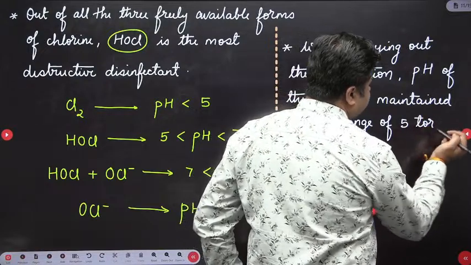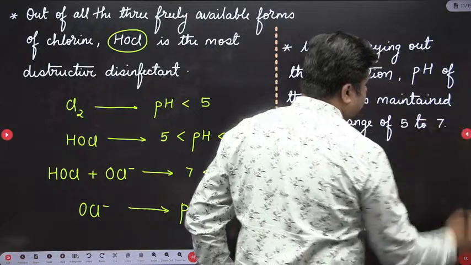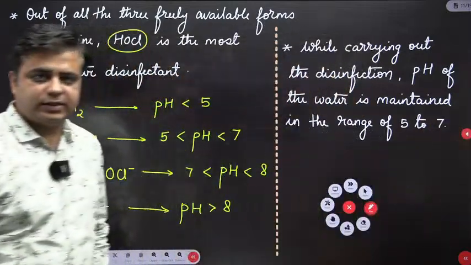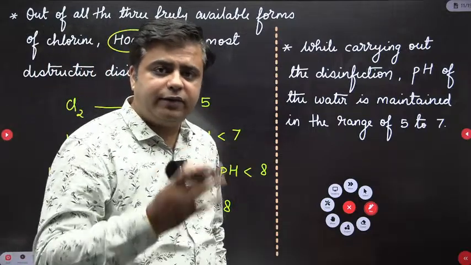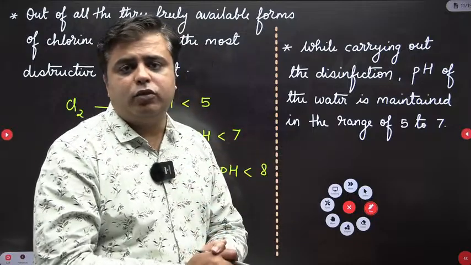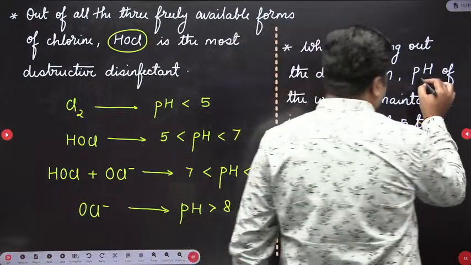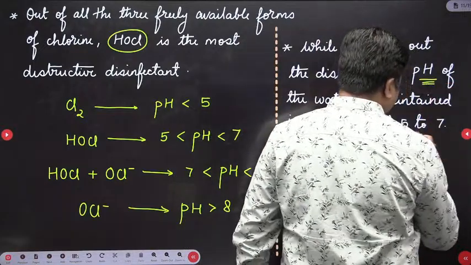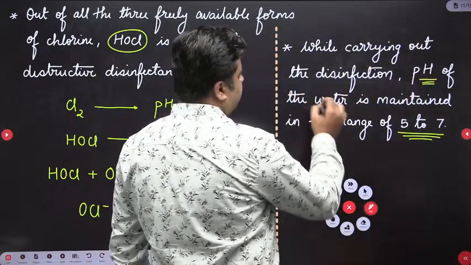Because when the pH is maintained in the range of 5 to 7, then HOCl will be predominating in the system, and HOCl will be the most destructive disinfectant which carries out the disinfection, and we will have the highest efficiency of disinfection. So pH of the water sample while disinfecting the water is maintained in the range of 5 to 7.